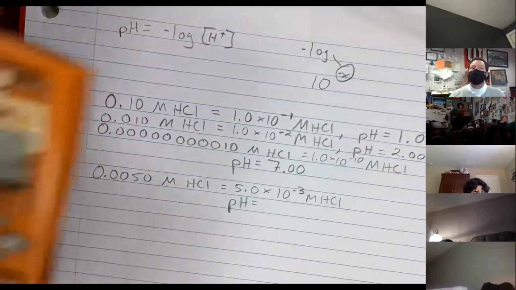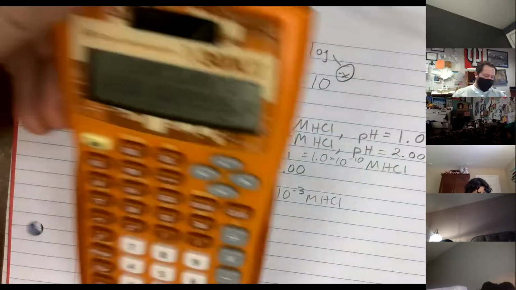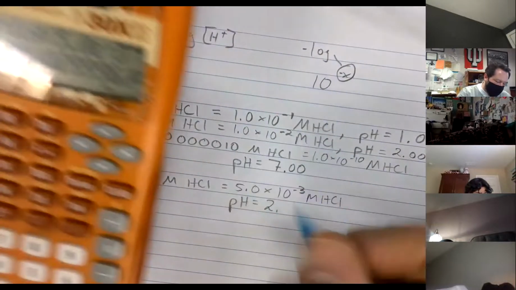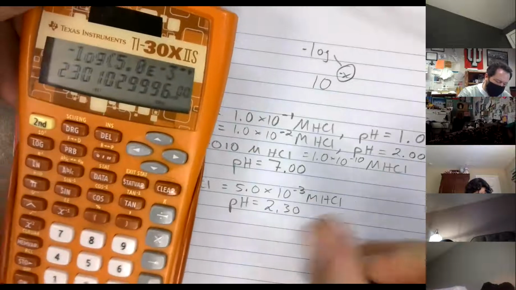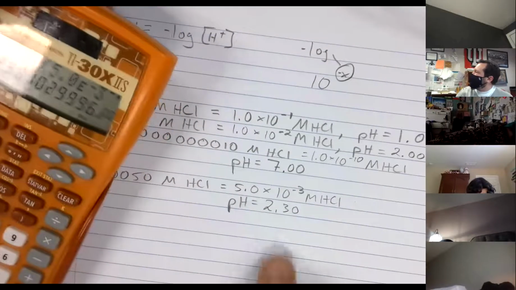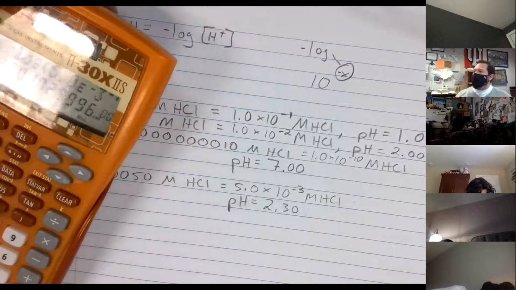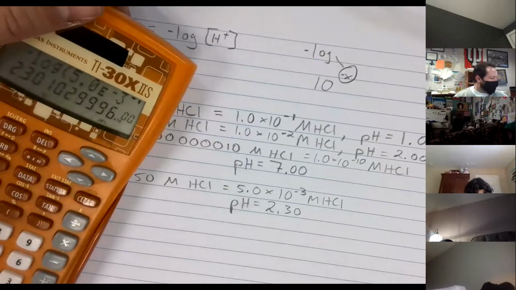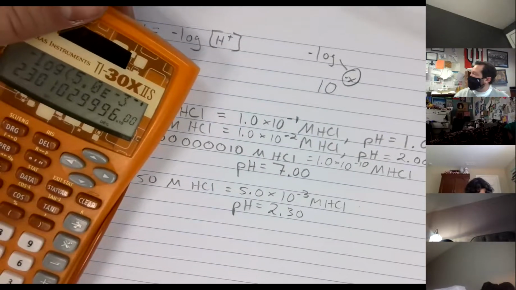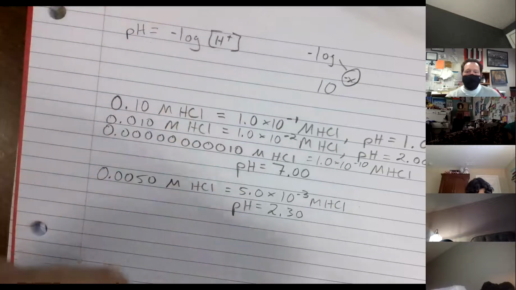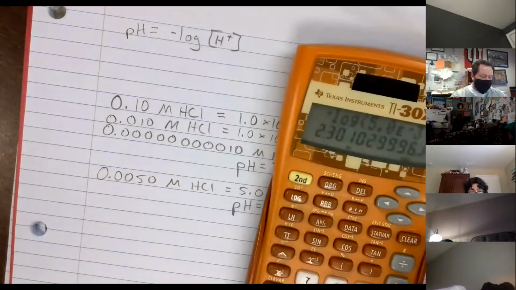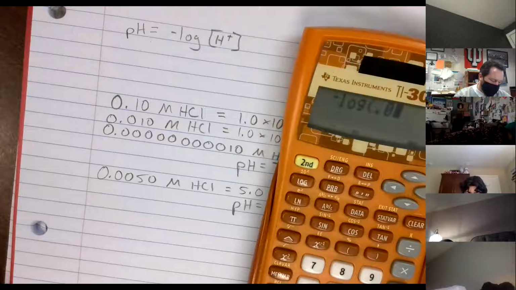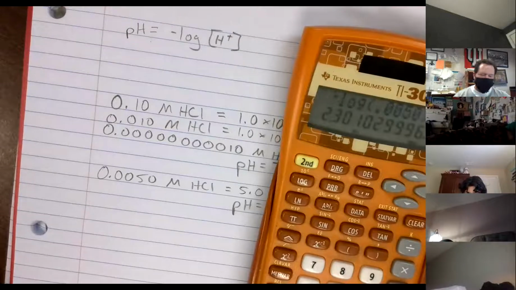Same exact thing. So our pH has 2 significant digits. We only start counting the digits after the decimal on a pH, so 2.30. Jordan asked, do you have to put it in scientific notation? Absolutely not. Same exact answer.